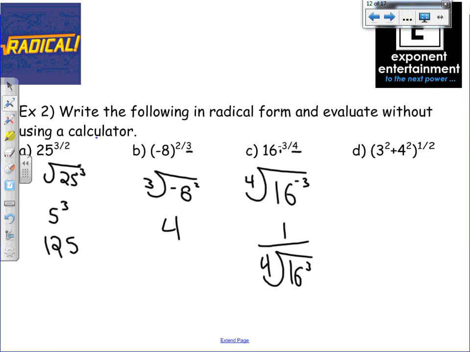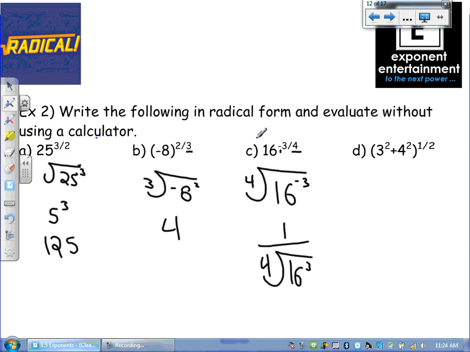It goes both ways. The 4th root of 16, mentally, is 2. And then 2 cubed is 8. That's the answer.